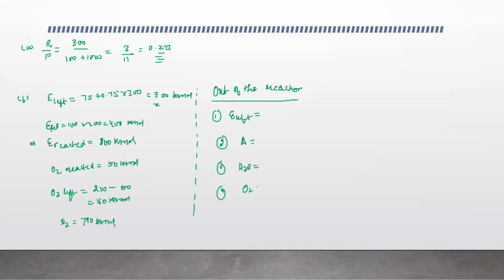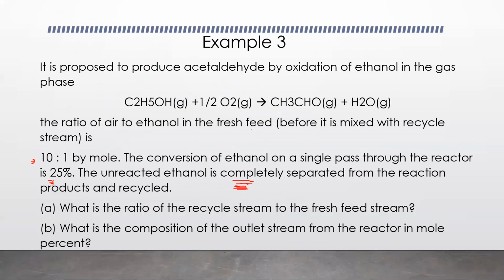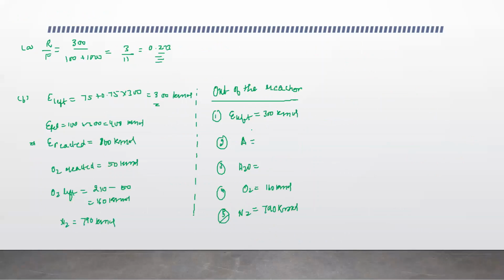We have oxygen left and we have nitrogen. So ethanol left is 300 kilomole, oxygen left is 160 kilomole and nitrogen left is 790 kilomole. Now to calculate acetaldehyde and water, we are again going to go back to the stoichiometry. Per mole of ethanol reacted, 1 mole of acetaldehyde and 1 mole of water is produced.